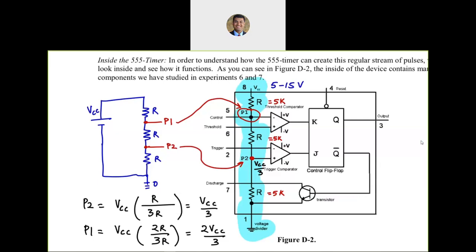Now that I have the voltage at P1, let me also highlight that over here. And in fact, I don't need this anymore. So 2/3 VCC. I need to find a better spot.